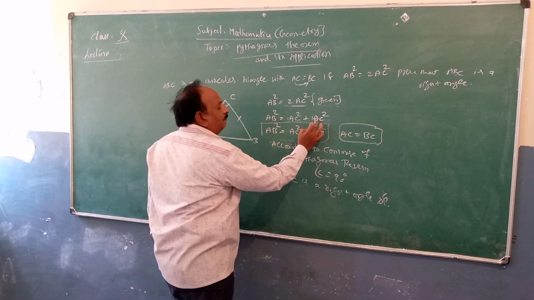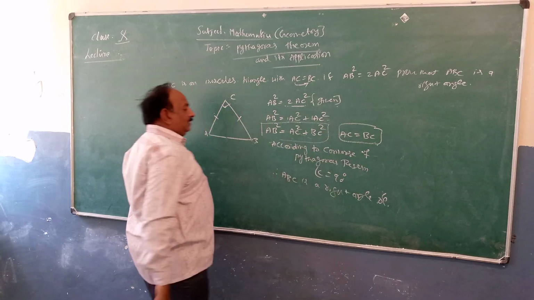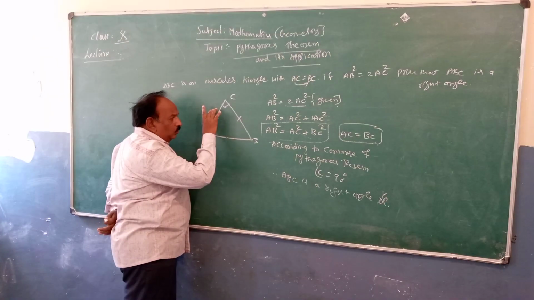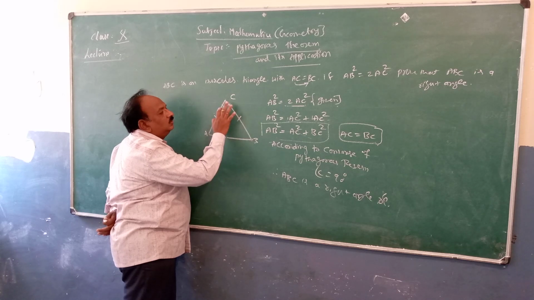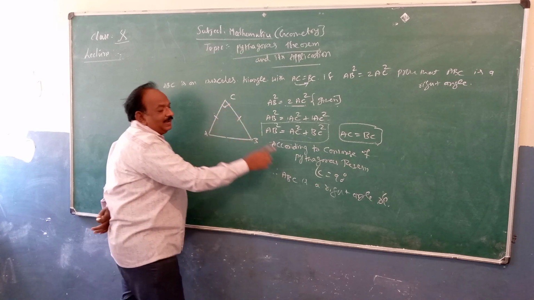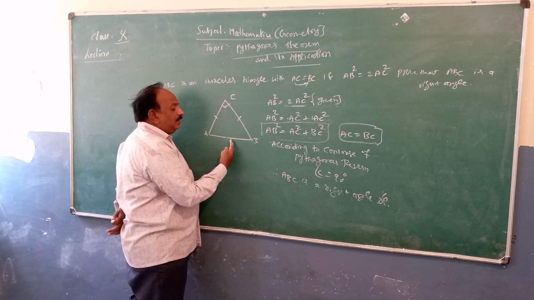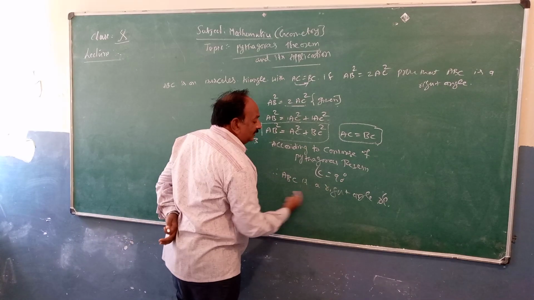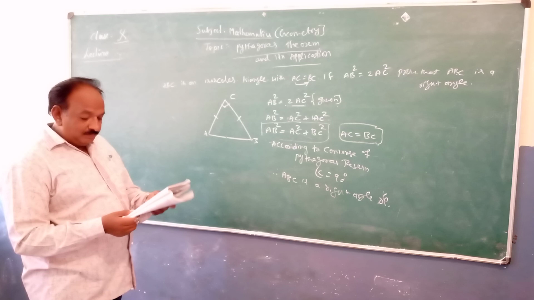AC square plus BC square. Square on the longest side of the triangle is equal to sum of the squares on other two sides. Angle C is the angle opposite the hypotenuse. Angle C is 90 degree. ABC is a right angle triangle. Next we will pass on to some more problems.